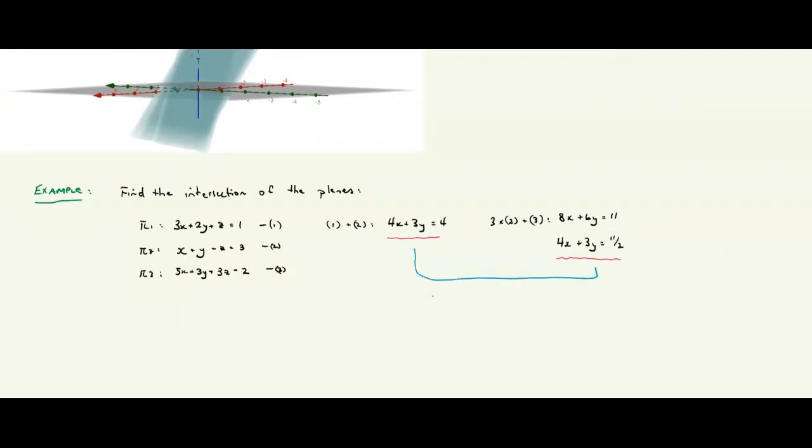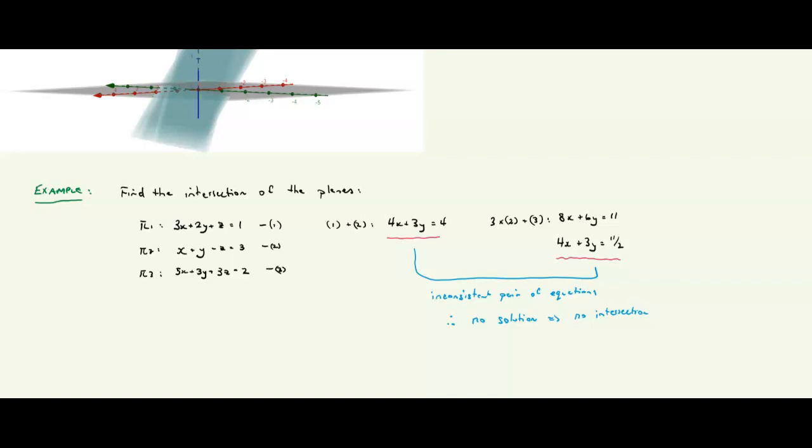So therefore we have no solution, no intersection. There's no intersection point, no intersection line, no intersection anything. These planes do not meet.